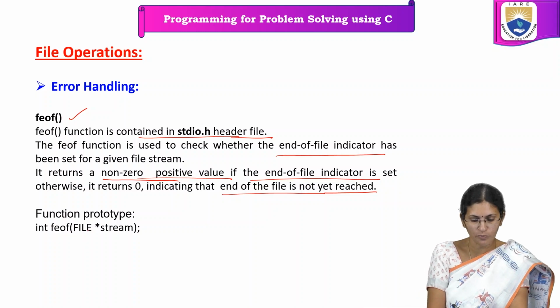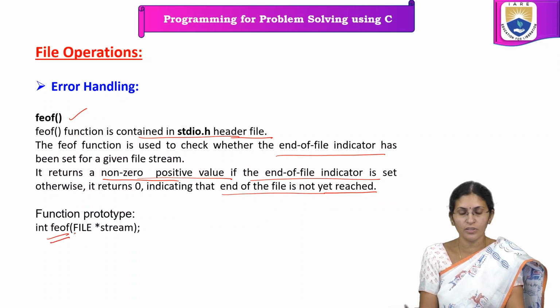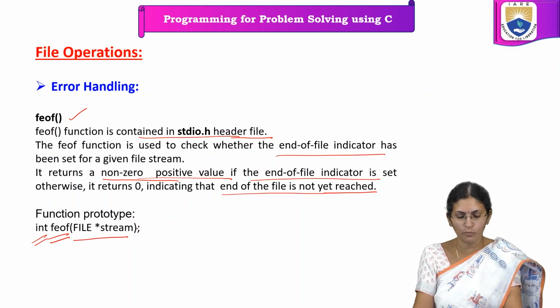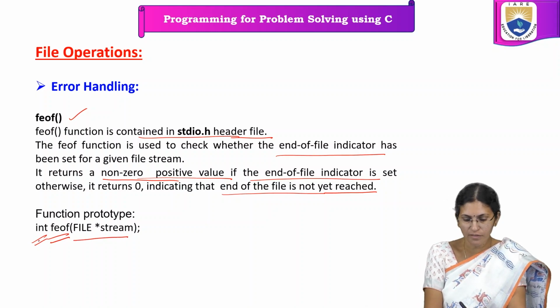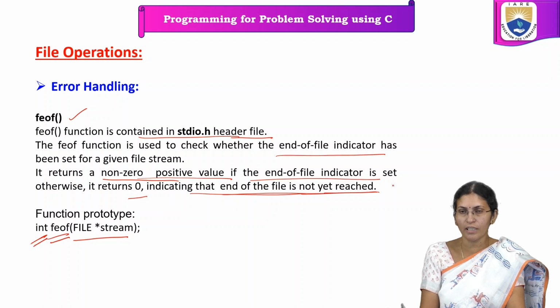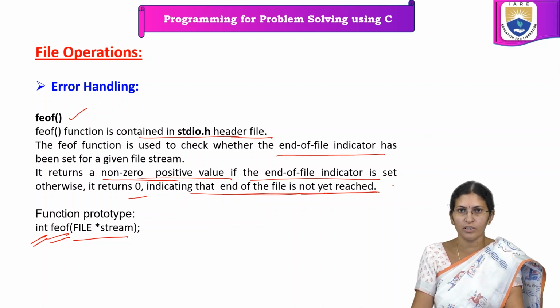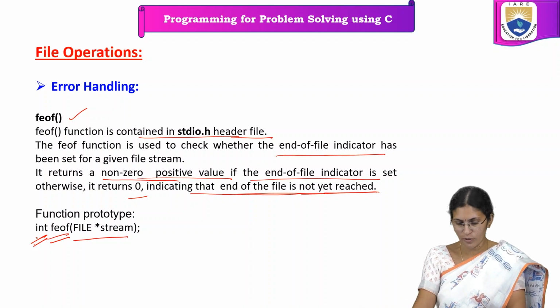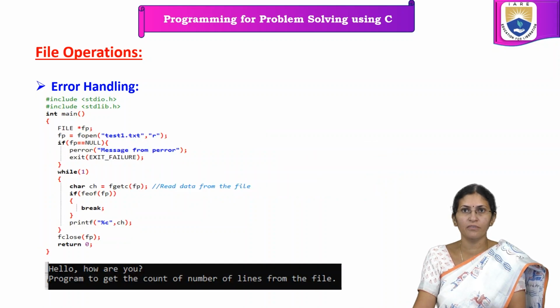So this is the function prototype of the feof function. Its return type is integer and it takes one argument, that is the file pointer. It returns 0 indicating that the end of the file is not yet reached, and it returns true if the end of the file has been reached.